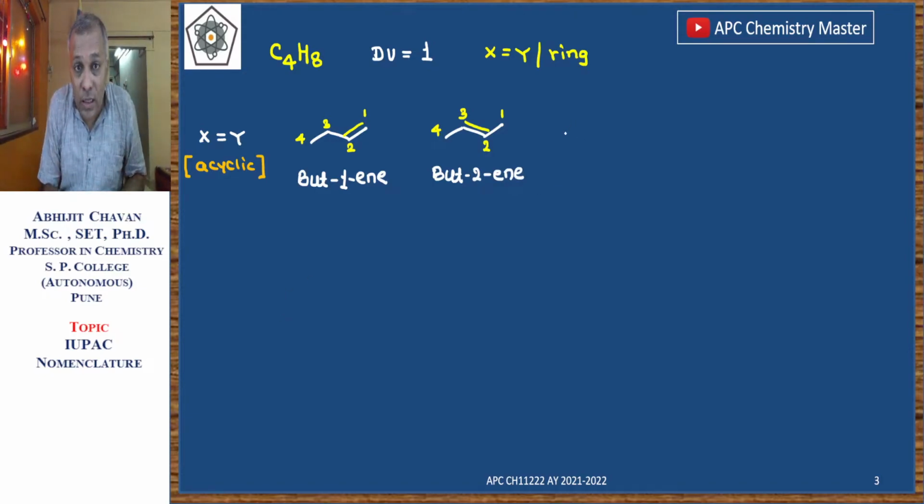Now let's take another example. The same compound you may draw like this one. Now what happened? I can put a double bond at this point. How do you name this compound? This compound is again labeled as but-2-ene.